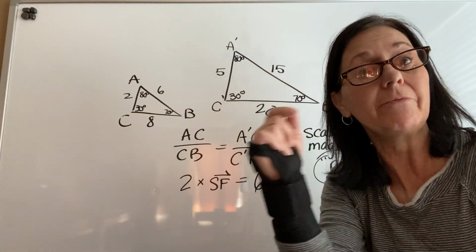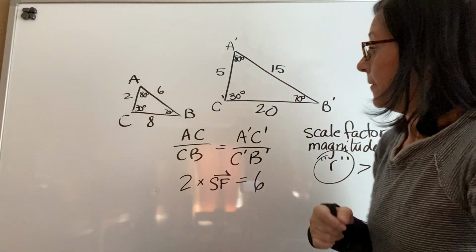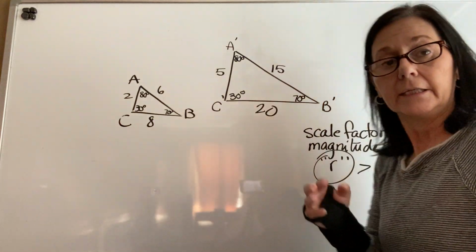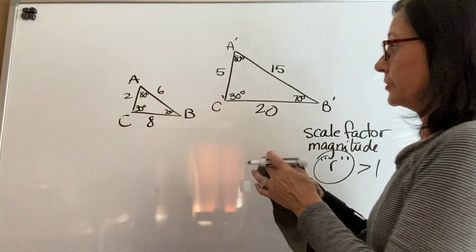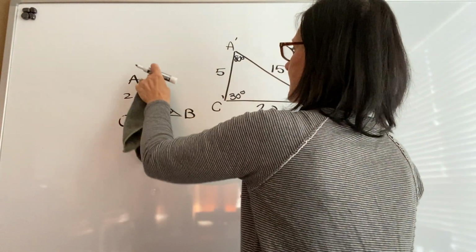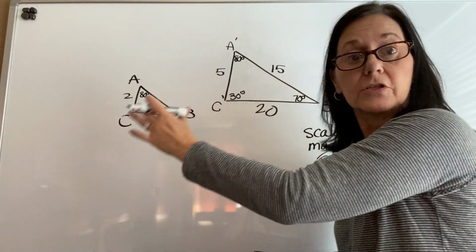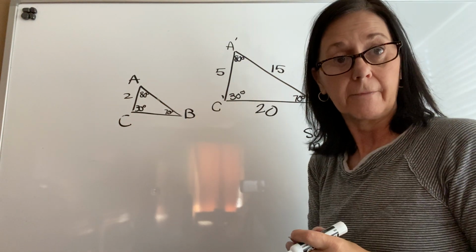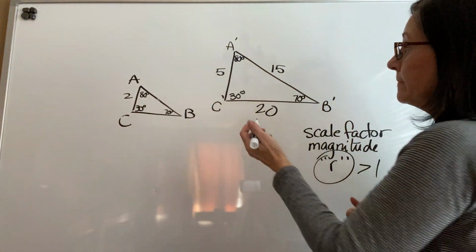It's going to be between 0 and 1, okay? And I could do that. So the way we worked it in lesson 1, we worked it from the smaller to the larger. We know these sides, but we're going to work it from the larger to the smaller to show you that the scale factor is going to be less than 1, okay?